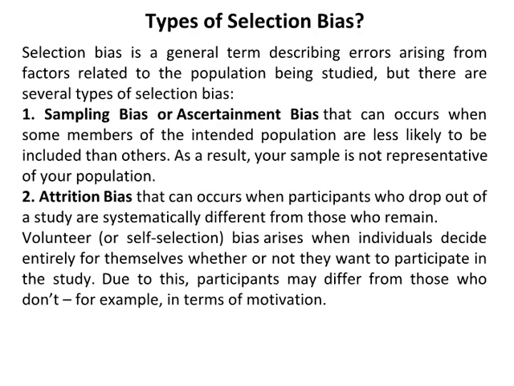Volunteer or self-selection bias arises when individuals decide entirely for themselves whether or not they want to participate in the study. Due to this, participants may differ from those who don't, for example, in terms of motivation.